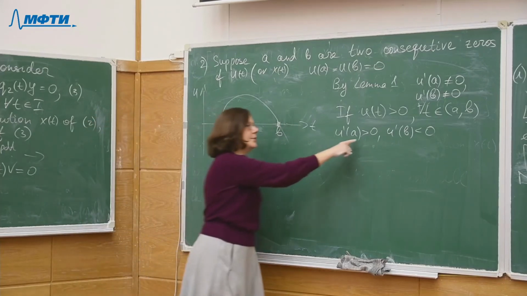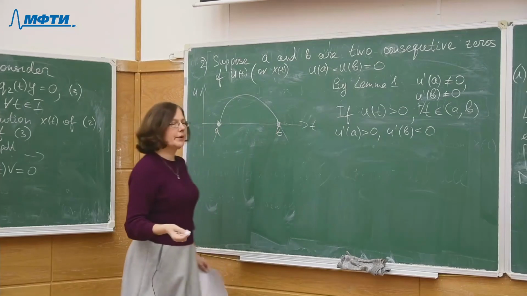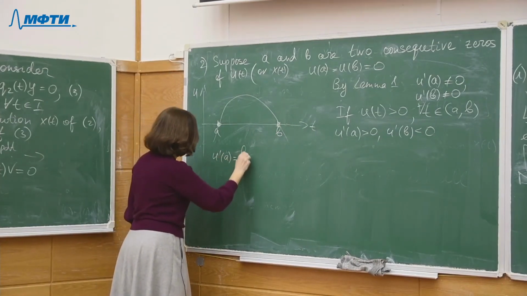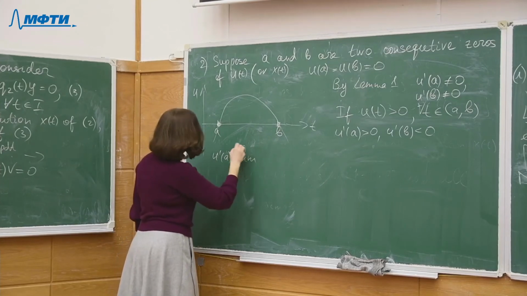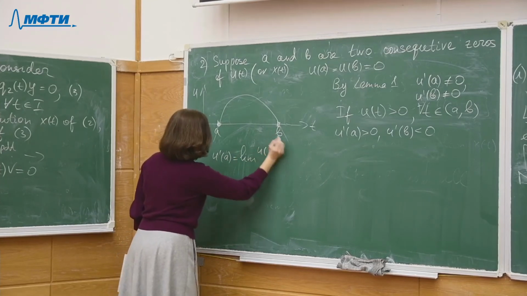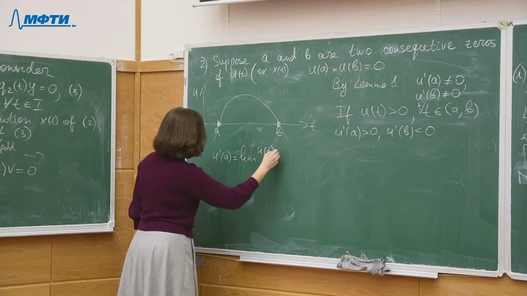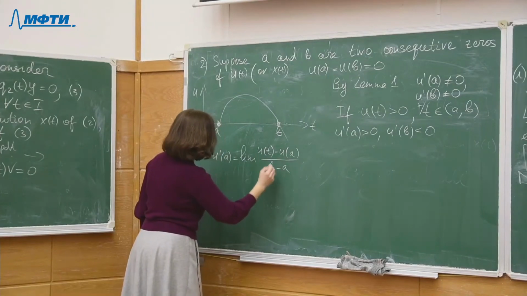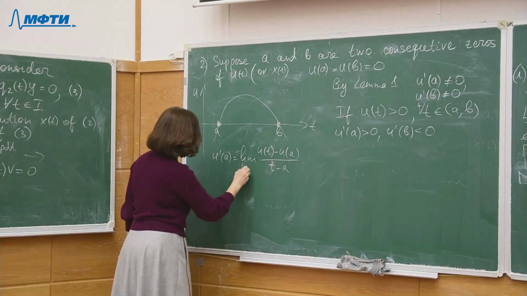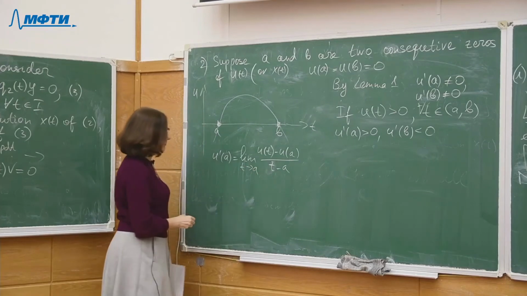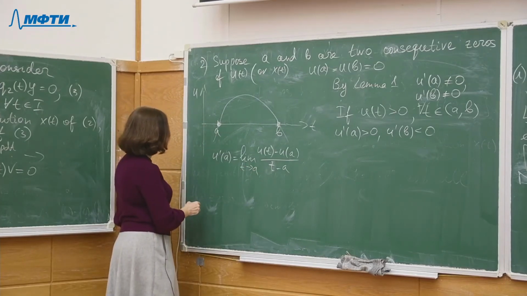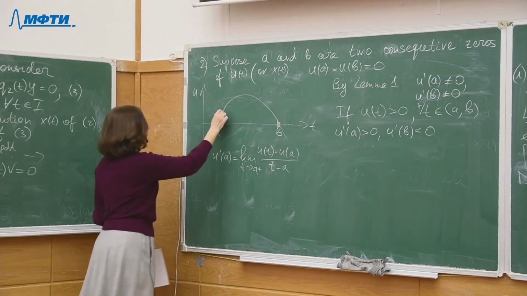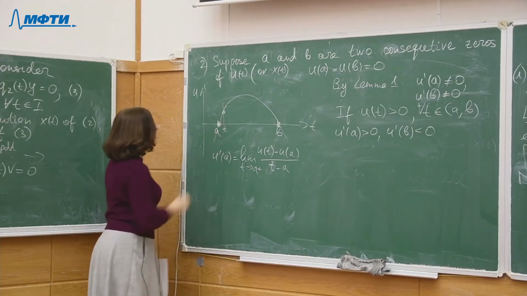They cannot be equal to 0 because of lemma 1, and u prime of a can be found as the limit of u of t minus u of a over t minus a, where t approaches a from the right.